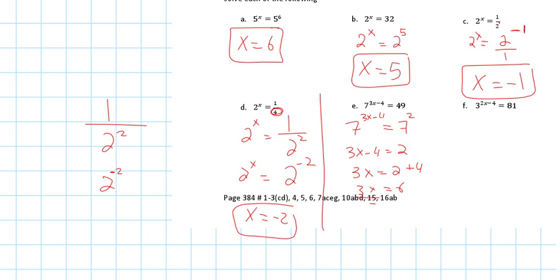You can always try and see if I plug in 2 here, would that give me 49? 7 to the power of 3 times 2 is 6, so 6 minus 4 is 2. Would that give me 49? So you can always check your work by plugging the value of x into your original equation. You can try that on your own.